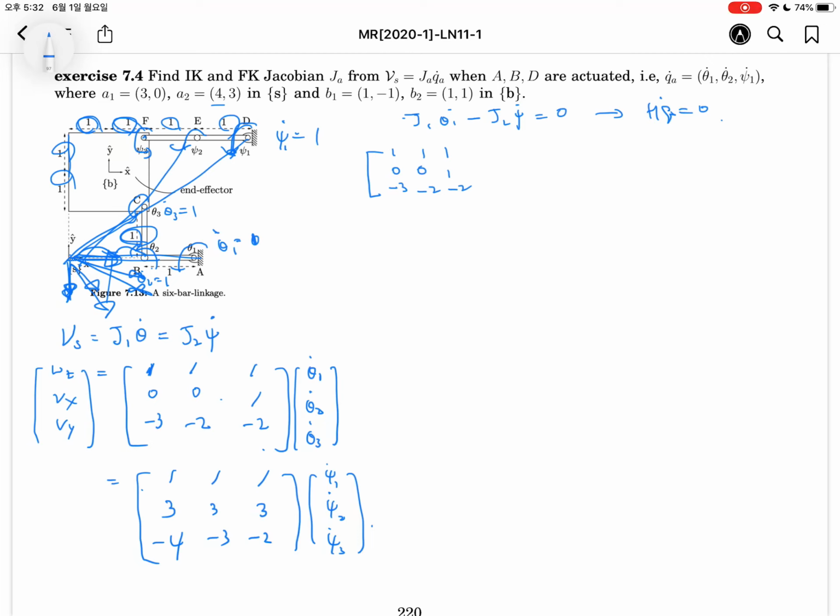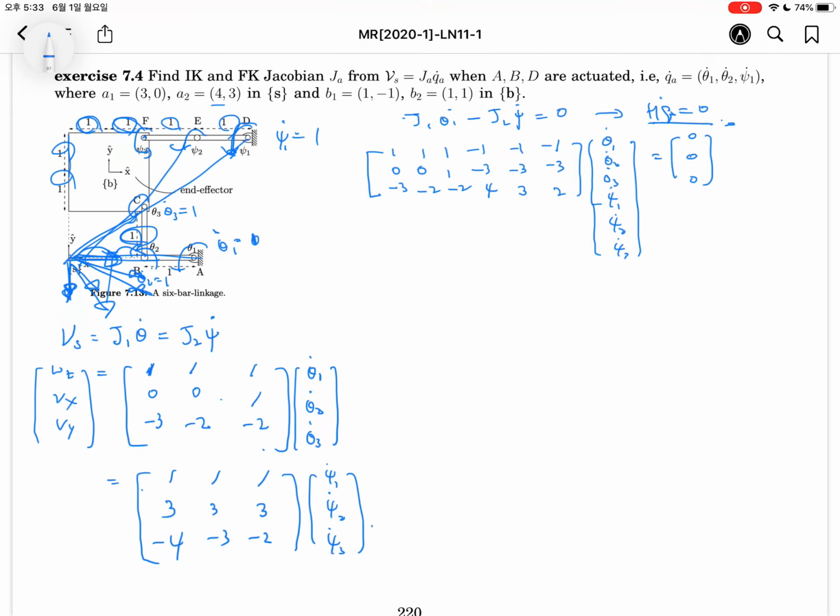And then minus J2 appears in the later part, minus 1, minus 3, 4, minus 1, minus 3, 3, minus 1, minus 3, 2. And then the sixth element should appear here, theta 1 dot, theta 2 dot, theta 3 dot, psi 1 dot, psi 2 dot, psi 3 dot. The resultant matrix-vector multiplication will be 0, 0, 0, 0.